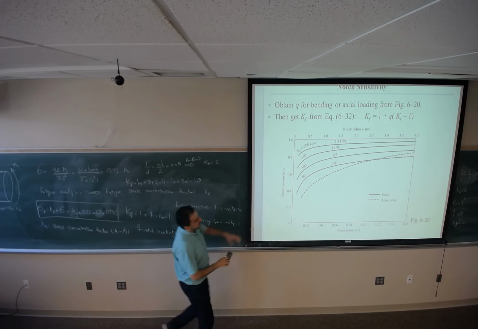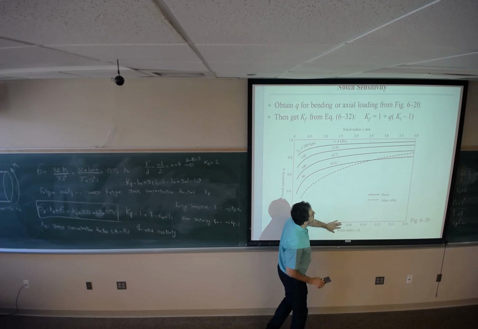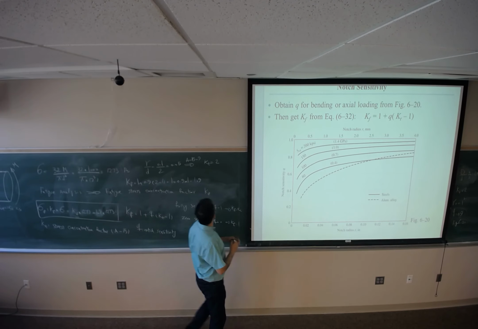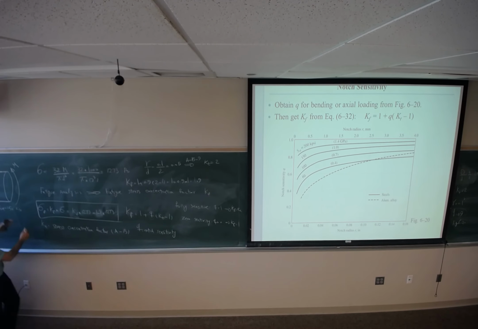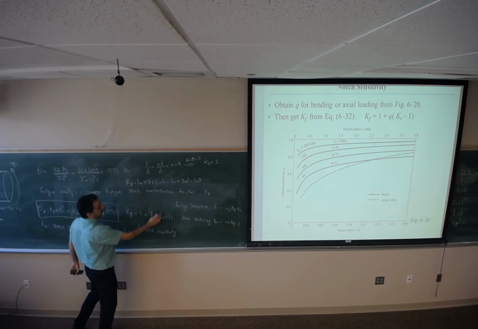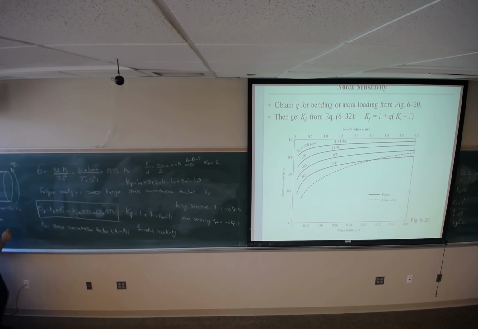So this is one way that you can find Q. When we have shear stress, suppose instead of bending moment we have torque, and the torque is making shear stress, then instead of having KT, you are going to have KTS, shear stress. And instead of having KF, you are going to have KFS.